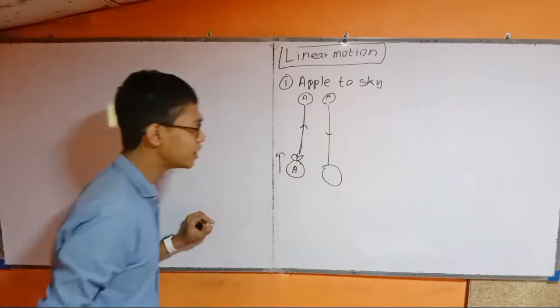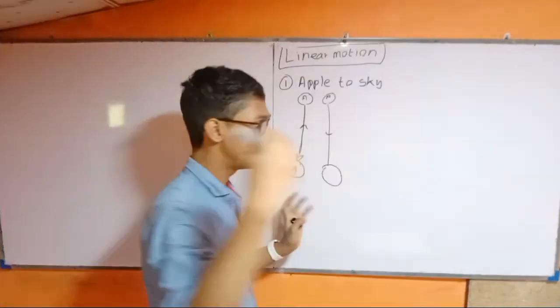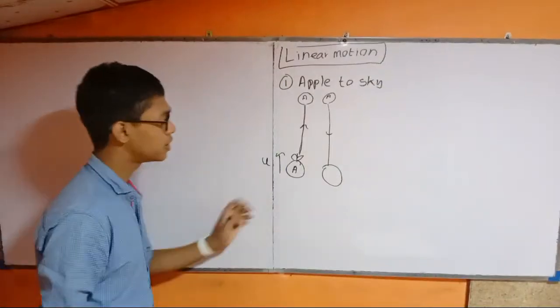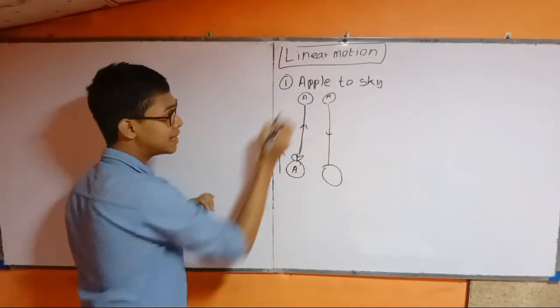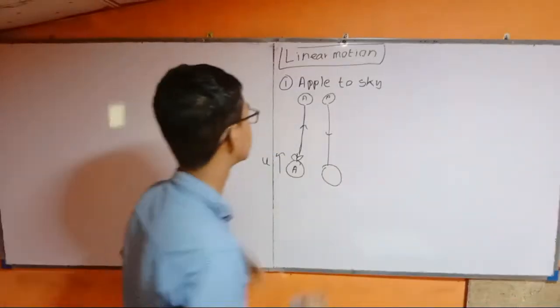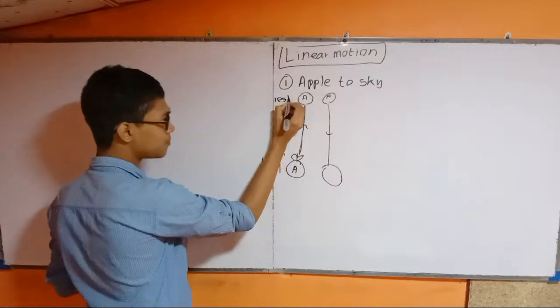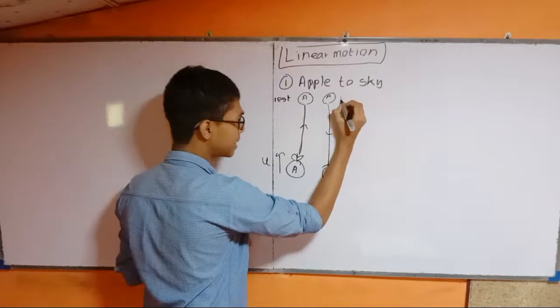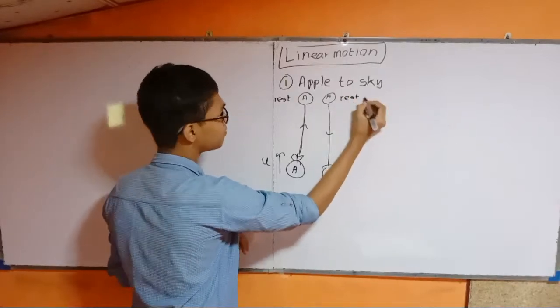Then make initial velocity, let's say u. If when it comes to here it comes to rest, then again starting from rest it will move down.